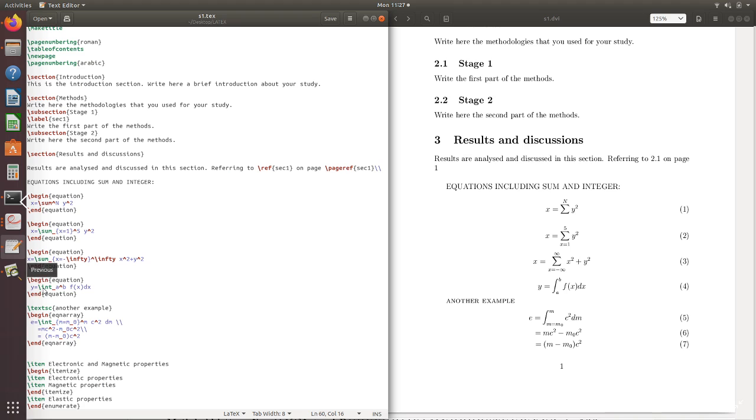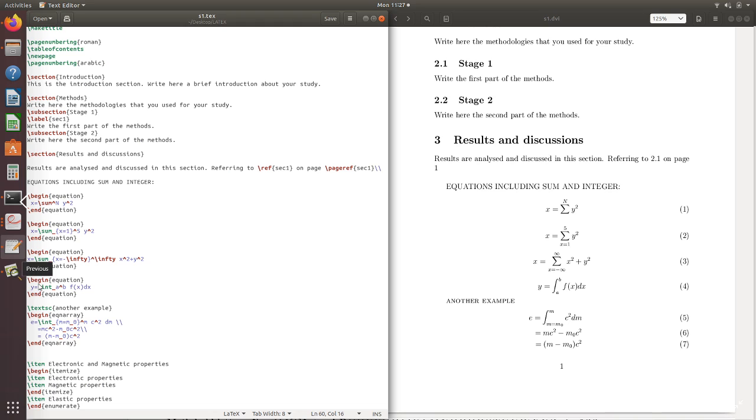Another example is if you have an integration within your equation. Then the integration should be written with the command \int, and this will give you the integration sign. Here also, in a similar way to the summation, the lower limit is written with underscore and the upper limit is written with a hat.